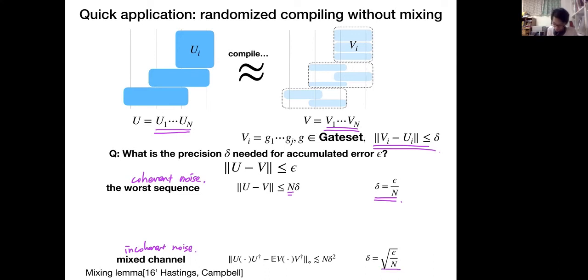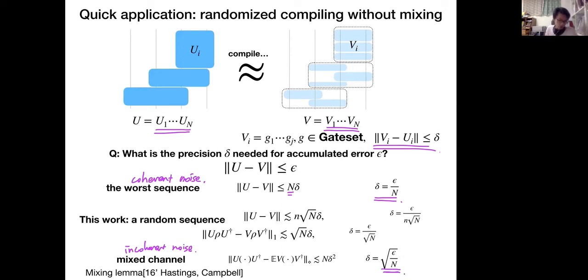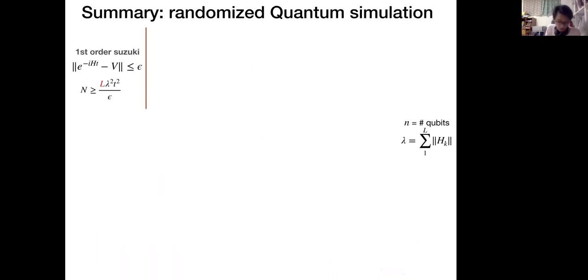So it's like the square root behavior. So in this work, we also understand what's happening here. So our work would imply that a random sequence is already doing some good. Okay, and our bounds would interpolate between the two. So pretty cool.